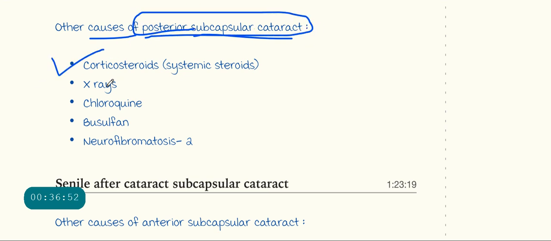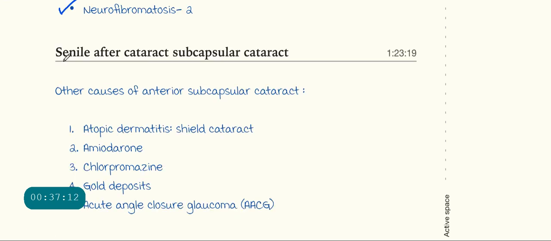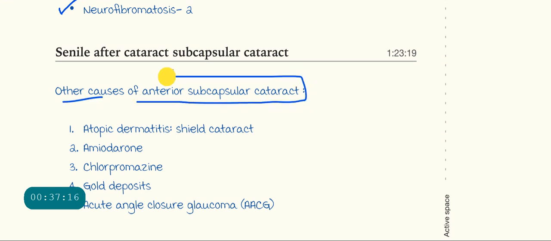It can be due to X-rays, chloroquine, busulfan, and neurofibromatosis 2. Now, what could be the other causes of anterior subcapsular cataract? These are atopic dermatitis, and this leads to shield cataract.